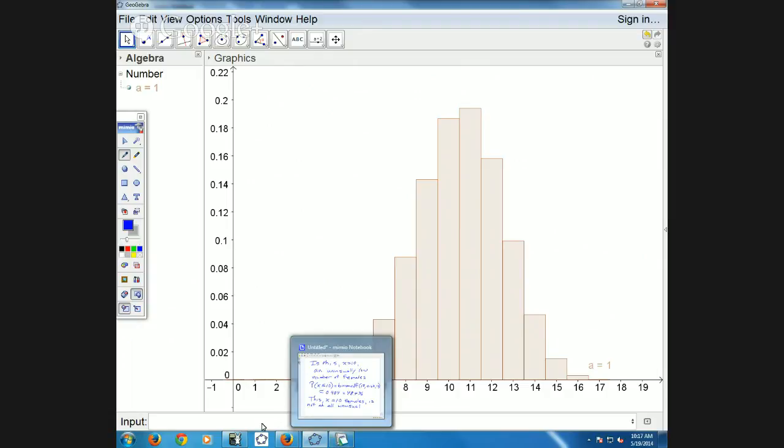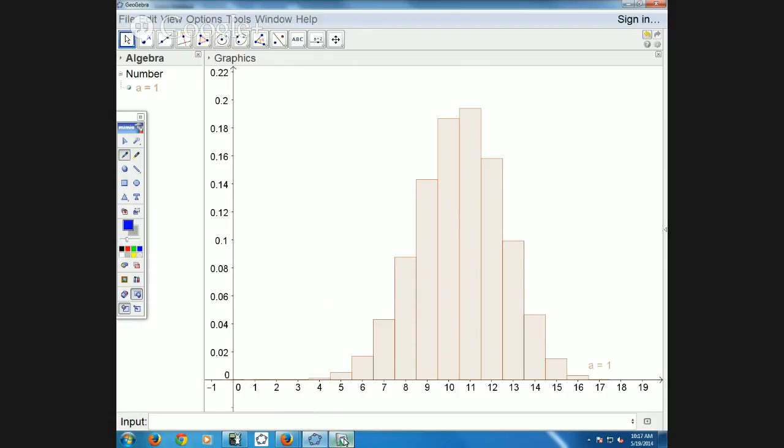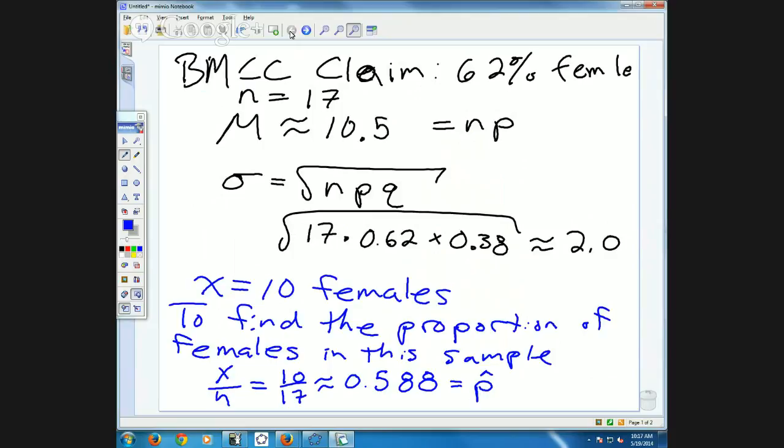So let's see, what, again, is our mean and standard deviation? 10.5 and 2.0. If we go to the nearest 10th, maybe I want to go a little finer than that. What would they be to the nearest 100th? Somebody help me check that.